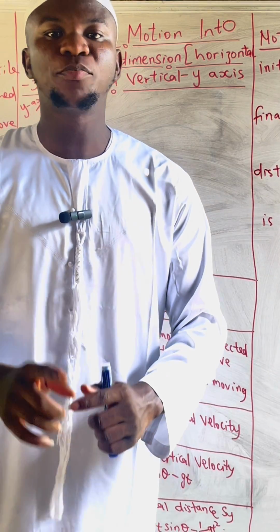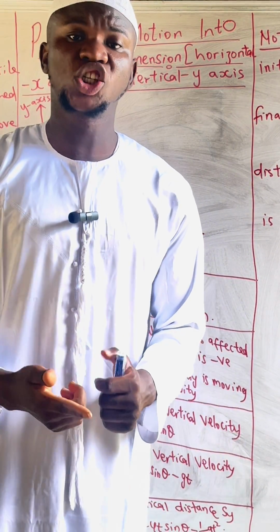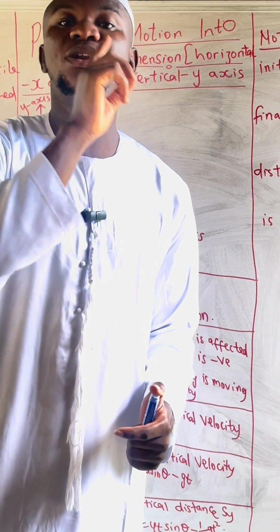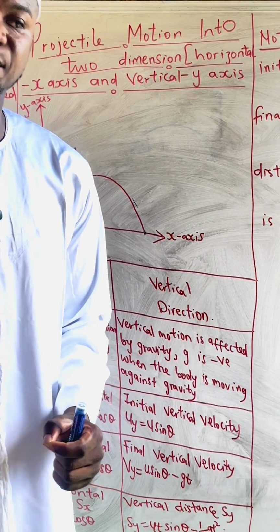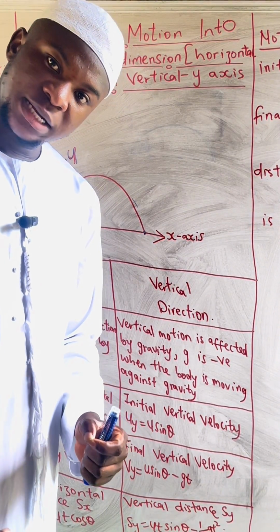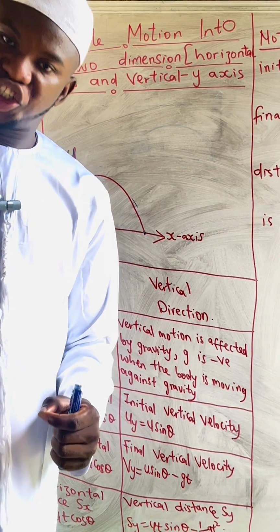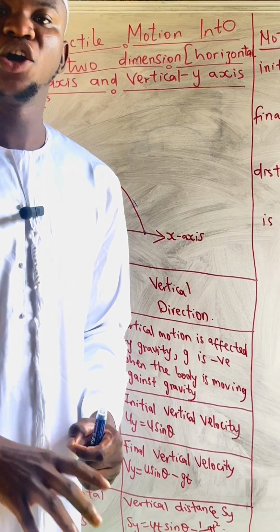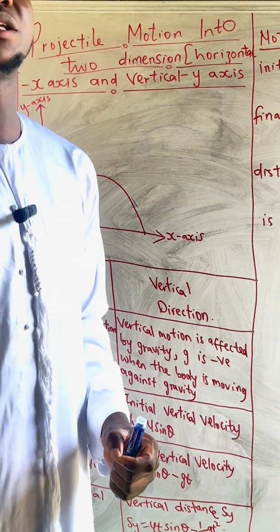This simply means that the object is moving against the gravity. So the acceleration of an object moving upward against the gravity will be negative, because it is moving against the gravity. But for an object that is moving downward, its acceleration is due to gravity, so it would be positive.